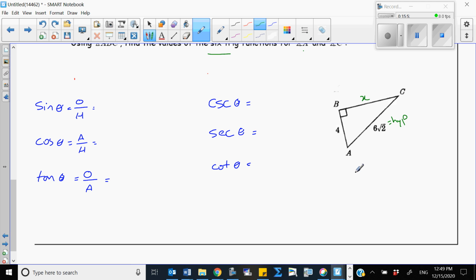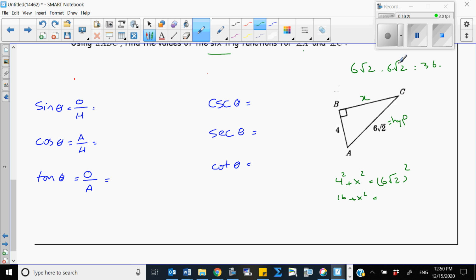Now, if I use the Pythagorean theorem, the sum of the squares of these two, 4 squared plus x squared, will be the square of the hypotenuse, 6 radical 2 squared. So it will be 16 plus x squared equals 6 radical 2 squared, which is 6 radical 2 times itself. 6 times 6 is 36.